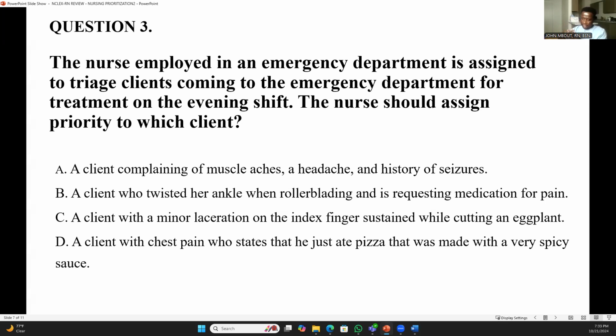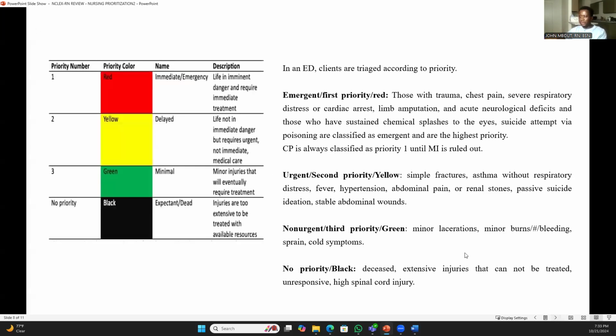The answer here would be D. Whenever you see a condition of chest pain, it takes priority. In the ED and in any condition, any chest pain is considered a myocardial infarction unless otherwise ruled out. Know it from today. Chest pain is classified priority number one, and it's always a myocardial infarction unless ruled out. The answer is D.